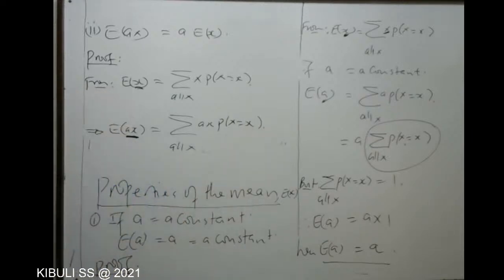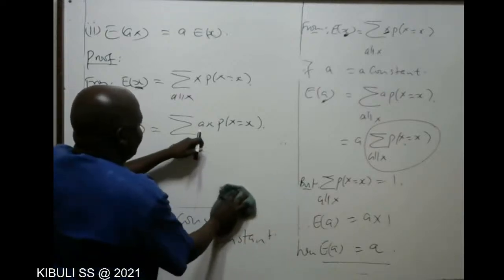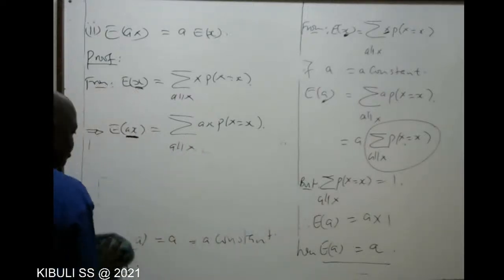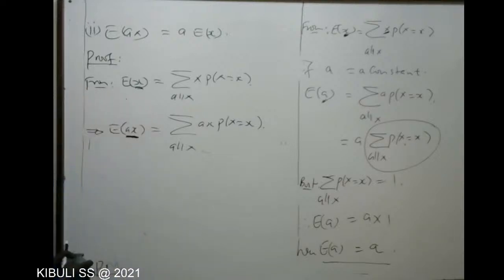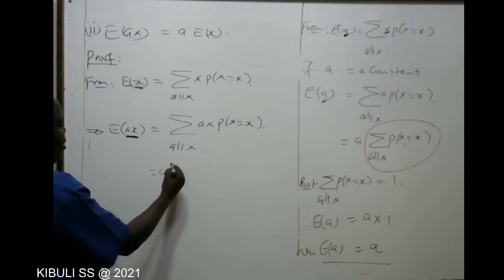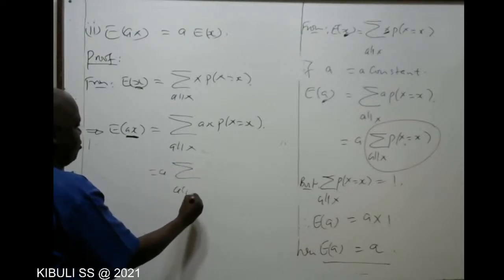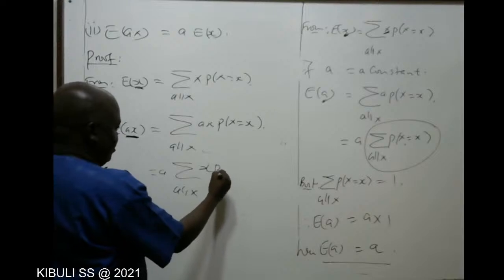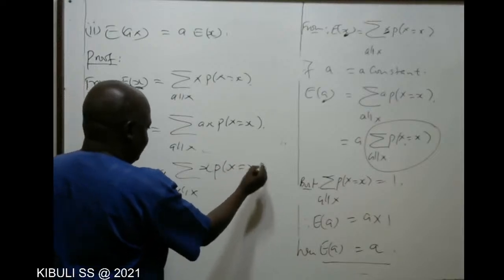Now, since a is a constant, we can pull out our constant, and this will be equal to a times the sum over all x of x times the probability that X equals x.